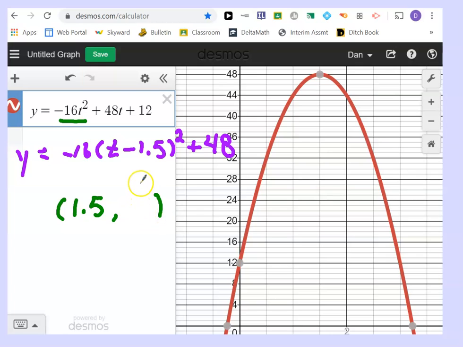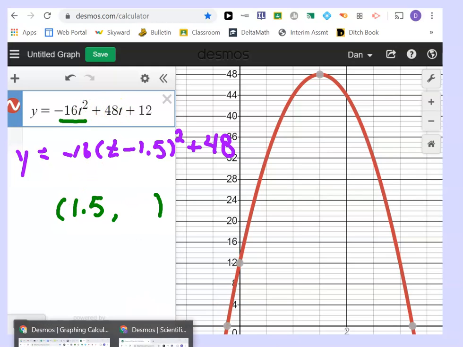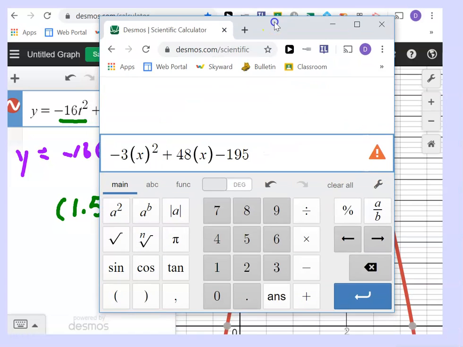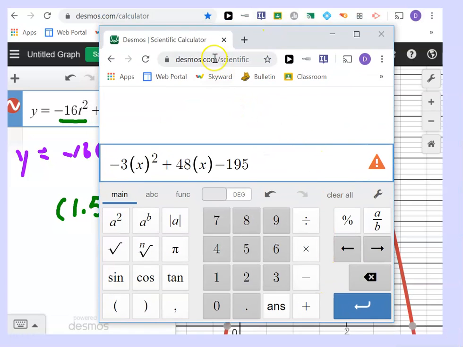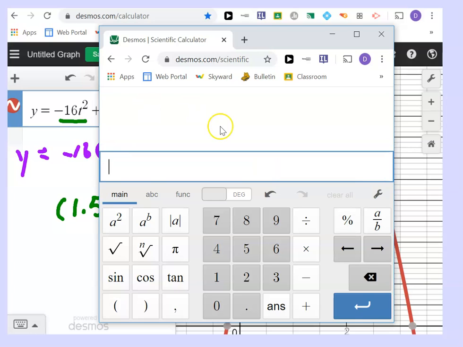What's the y-coordinate? Well, what we'll do is just put 1.5 right in here for t and calculate that. Okay, so let's get a calculator here. And in case you hadn't realized it, if you go to Desmos and type in, instead of desmos.com/calculator, just type in scientific, you get a calculator without a graph on it.